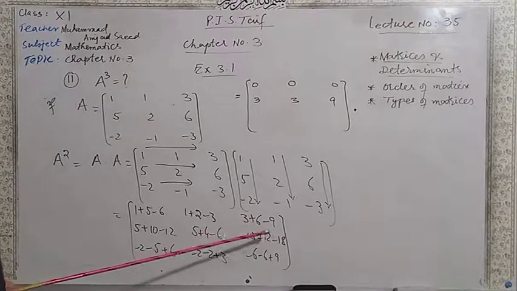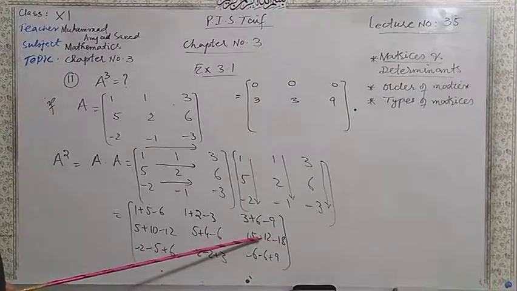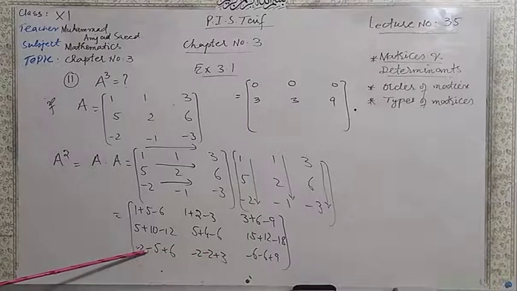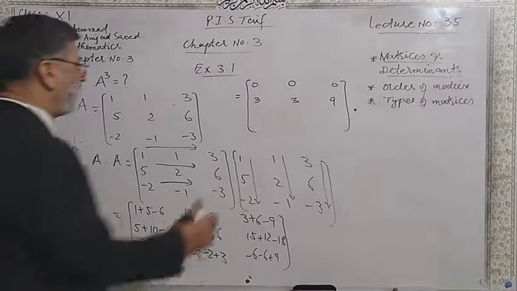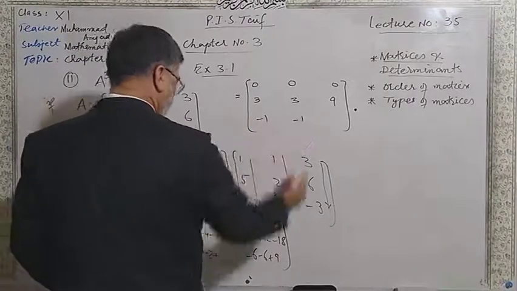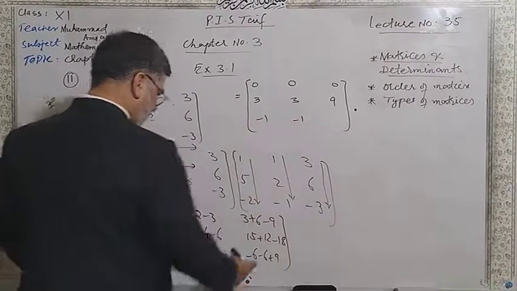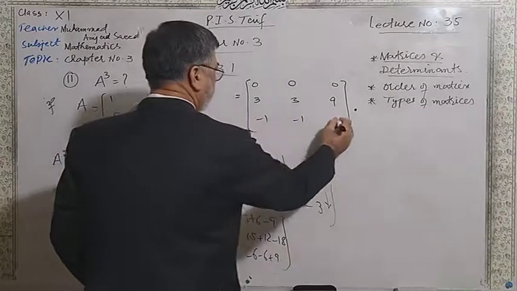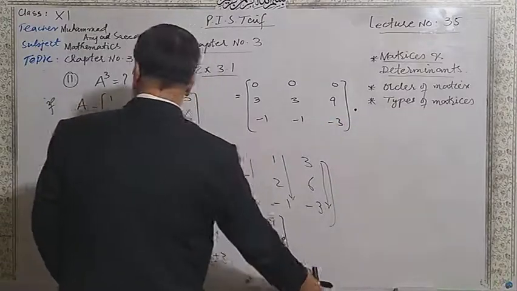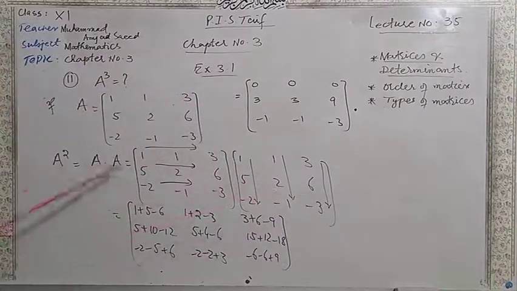Minus 7 plus 6 is minus 1. Minus 4 plus 3 is minus 1. Minus 12 plus 9 is minus 3. So that was our A square.